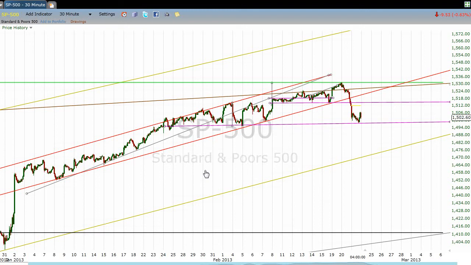If you've got dry powder, then we look for a nice downward move, something that has predictive quality to it, and then we will be ready to act when we get down there. But for right now, it's too premature to call anything other than this upward channel has now broken.